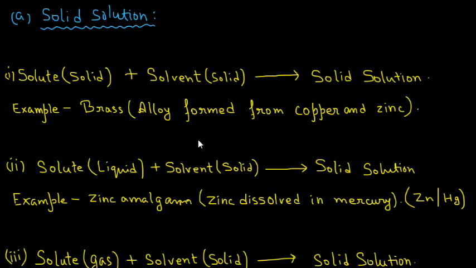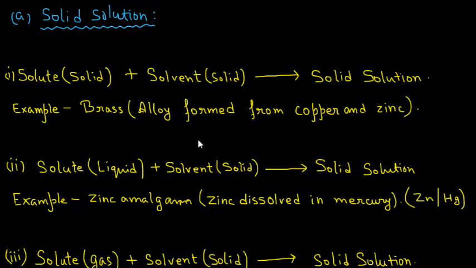So here in solid solution, the state of the solution is solid, therefore the solvent will be solid in all the cases. The first type of solid solution can be solute is solid, solvent is also solid, and the solution is a solid solution. An example of this type of solution is brass, an alloy formed from copper and zinc.